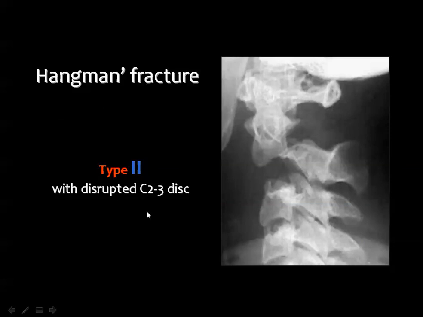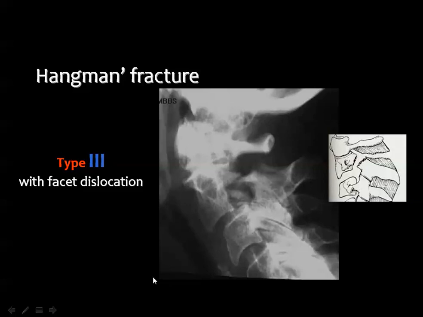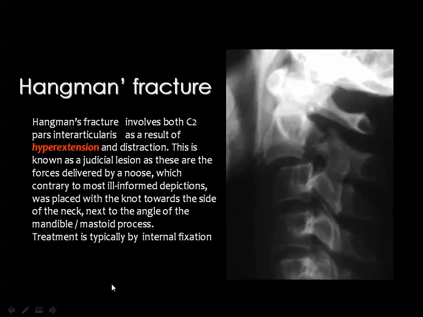But if there is disruption of the C2-3 disc space, like in this case, we call this type 2 hangman fracture. But if there is dislocation of the vertebral body anteriorly, representing traumatic spondylolysis of C2 over C3, then we call this type 3 hangman fracture.